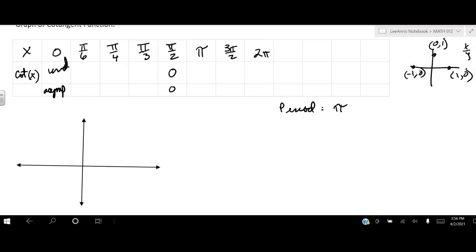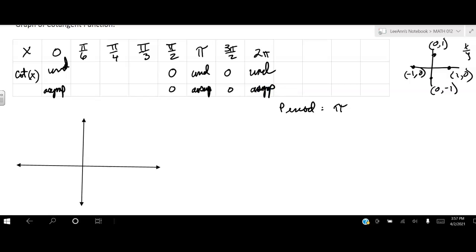And so when you go x over y, that's going to be undefined. So you're going to have an asymptote. And then when we're down here at 0, negative 1, then you're going to get 0. And then at 2 pi, you're back to 0, so it's undefined, and another asymptote.